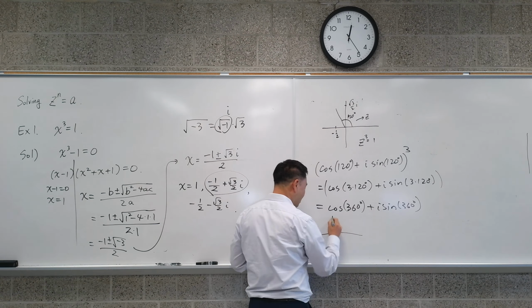That's 2 full circles, right? So it's like going around this twice, and you come back to the same thing. Where are you at? Again equal to 1. So that's why this taken to the third power is going to equal 1. Now it's very important that you understand what's going on with these, because I'm now going to explain the second method.